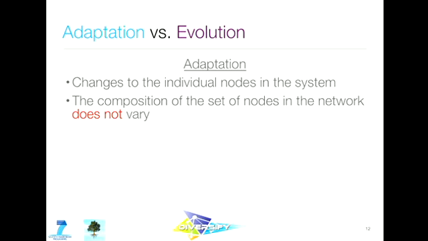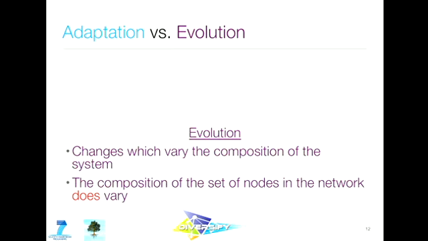Each individual modifies itself, its composition and what it can do. But these changes do not modify the global outlook of the system. In comparison, with evolution, changes actually modify the state of the system. Individuals can come and go, nodes leave, links disappear, and the composition of the graph itself can change drastically.